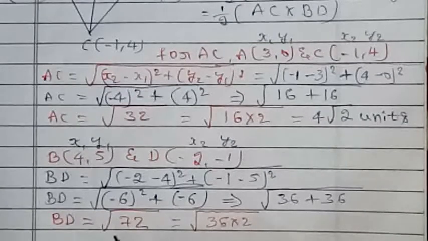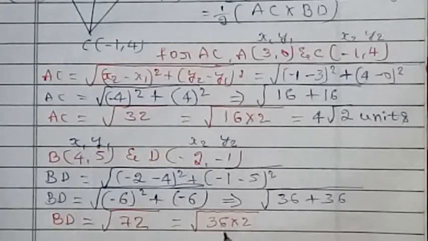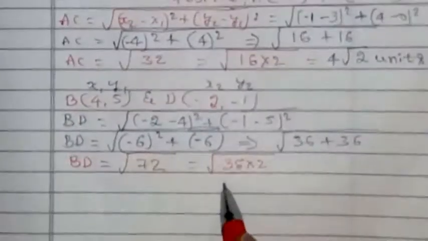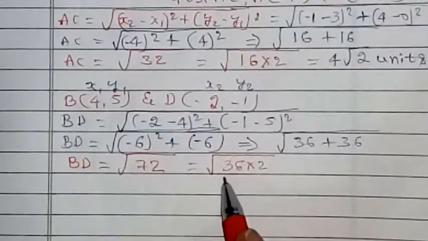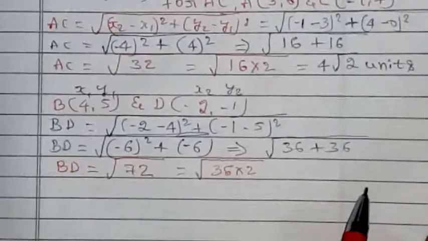Because if you are splitting this number into two numbers, one of these should carry a square root, nothing but one number should be a perfect square number, right? Then we can take out the square root of this number. So therefore, I am splitting root 72 as root 36 into root 2, children, right?